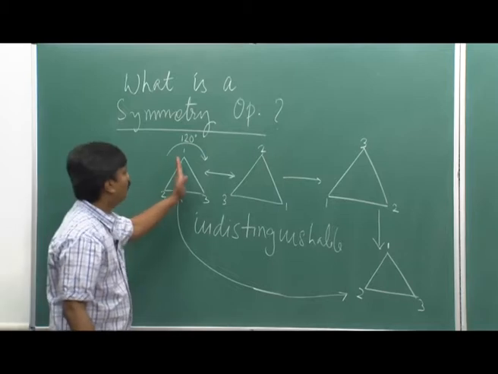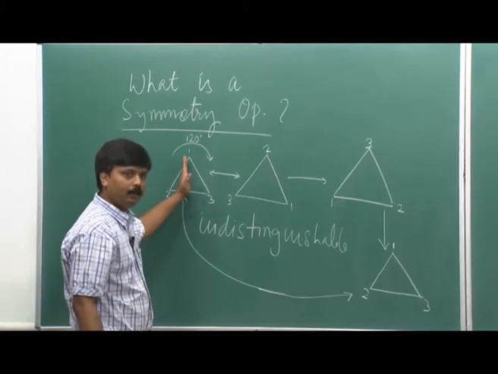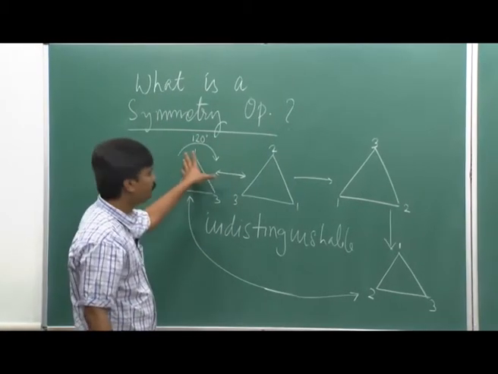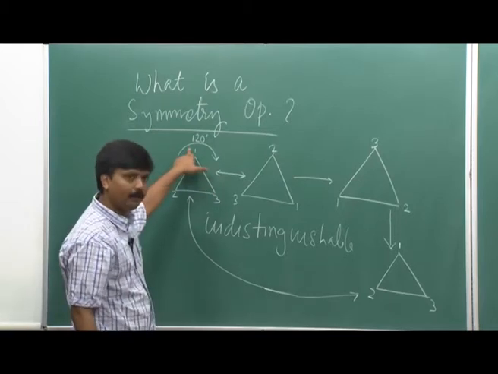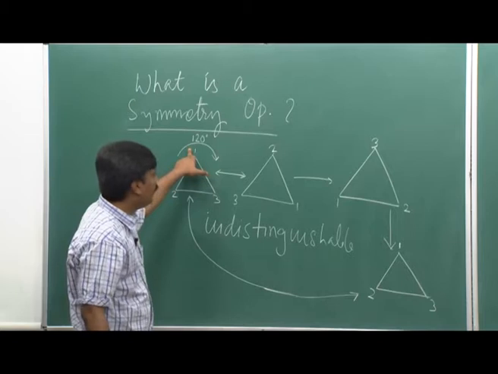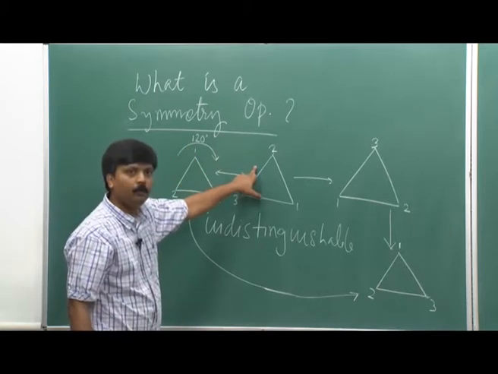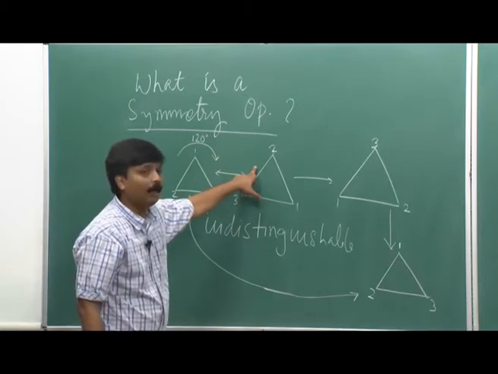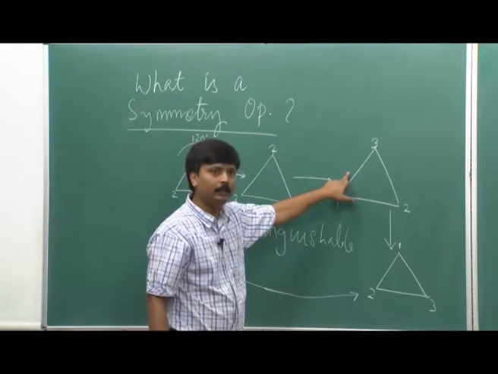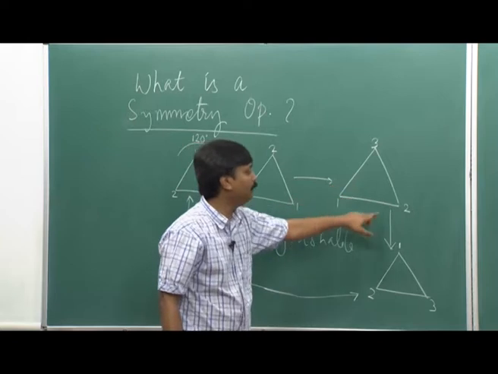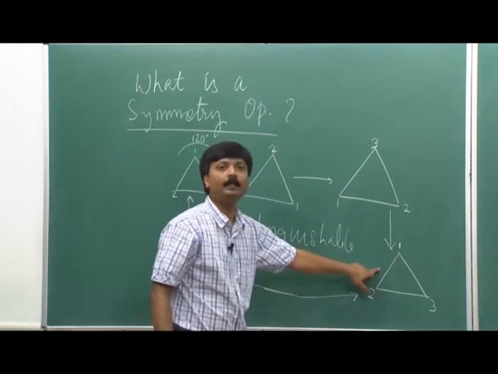So by moving this body about this axis by a certain angle, that is 120 degree, I get an indistinguishable structure. Another rotation by the same angle, I get another indistinguishable structure, and then another rotation will give me back the identical structure.